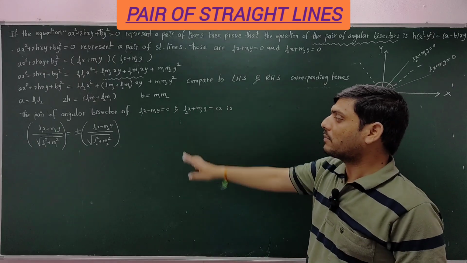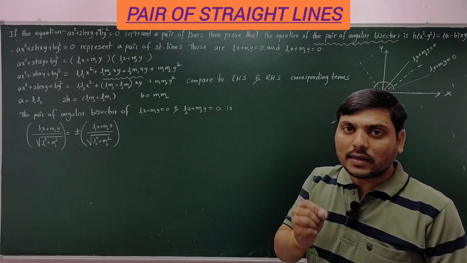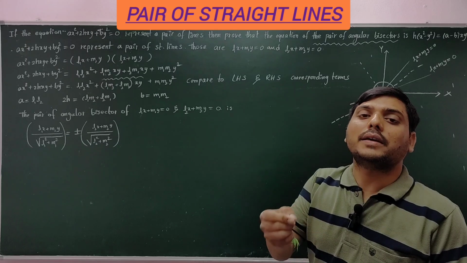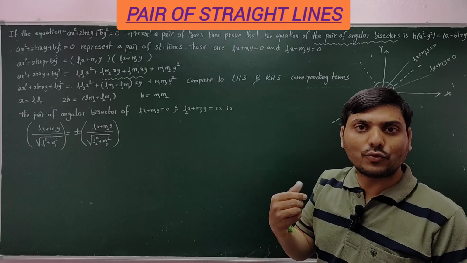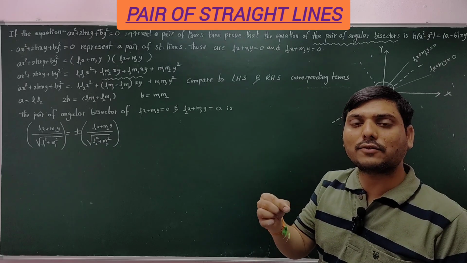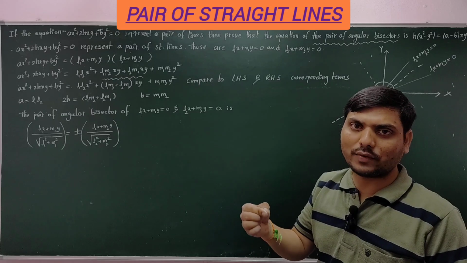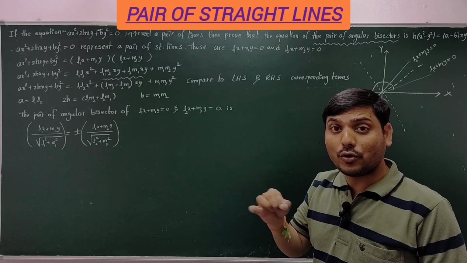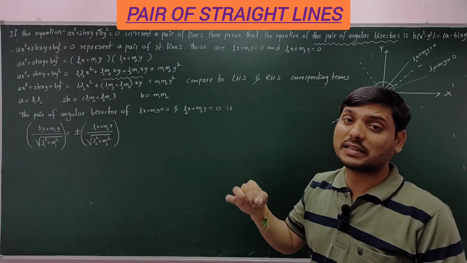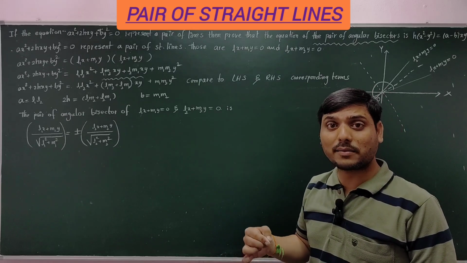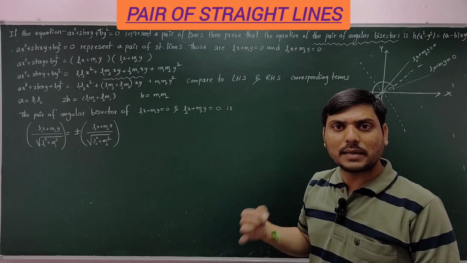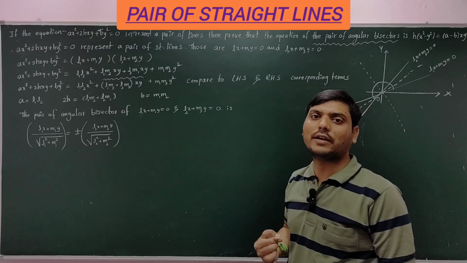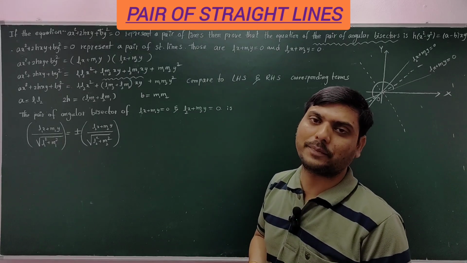What is this formula, students? The angular bisector of the pair of straight lines L1x plus M1y equal to 0 and L2x plus M2y equal to 0 is L1x plus M1y whole by under root of L1 square plus M1 square is equal to plus or minus L2x plus M2y whole by under root of L2 square plus M2 square.